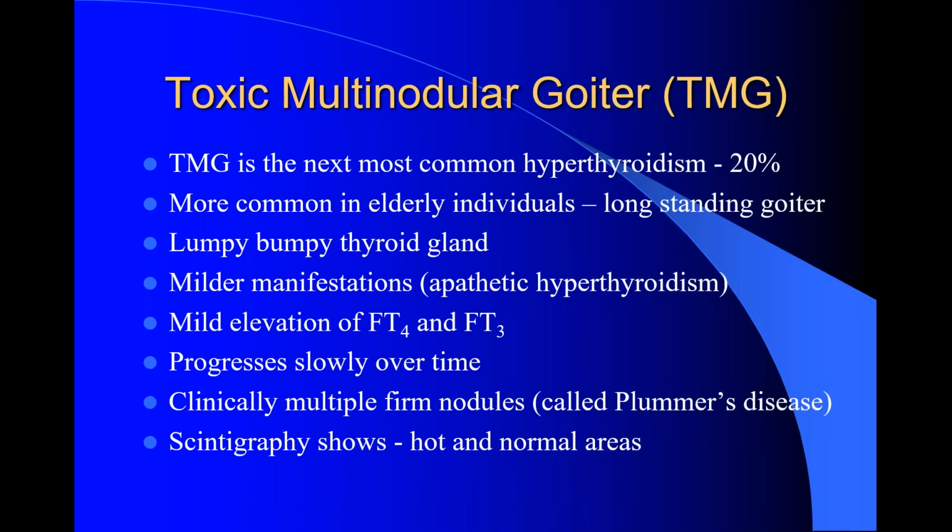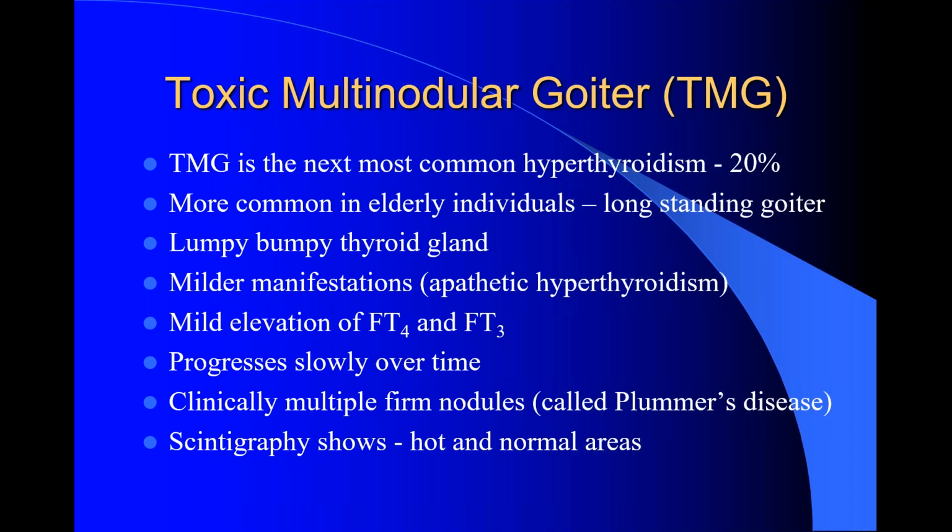Coming to toxic multinodular goiter, it is the second most common cause of hyperthyroidism, seen more commonly in elderly individuals with long-standing goiter, and the appearance is lumpy, there are multiple lumps because it is more than one. The patient can present with milder manifestations, like apathetic hyperthyroidism. The patient can have mild elevation of free T4, T3, and it progresses slowly over time.